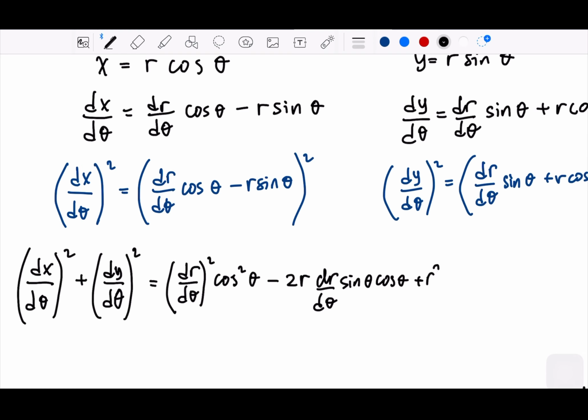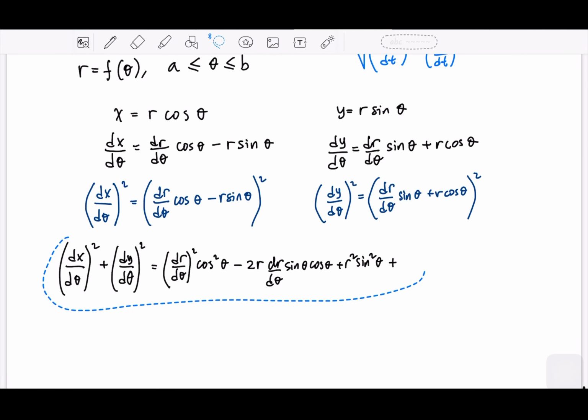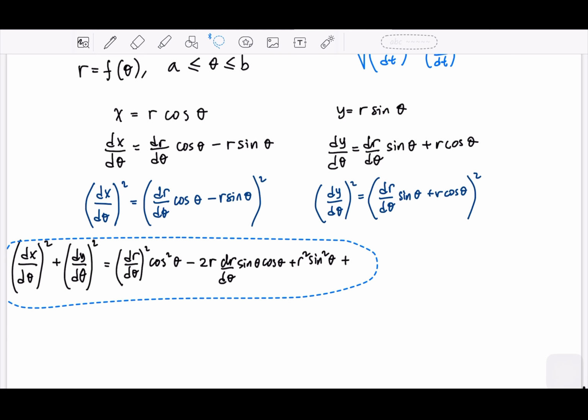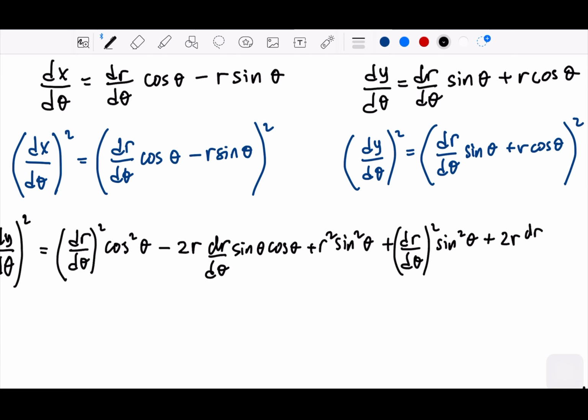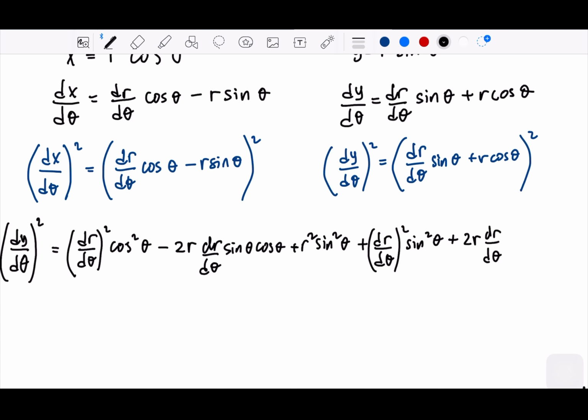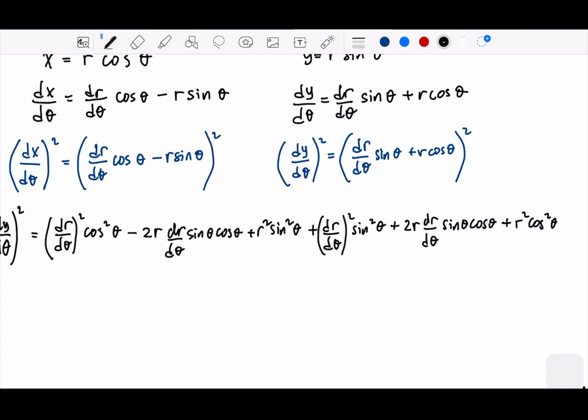And then plus r squared sine squared theta, and then plus dr d theta squared sine squared theta plus 2r dr over d theta sine theta cos theta plus r squared cosine squared theta. Okay, I think pretty good.